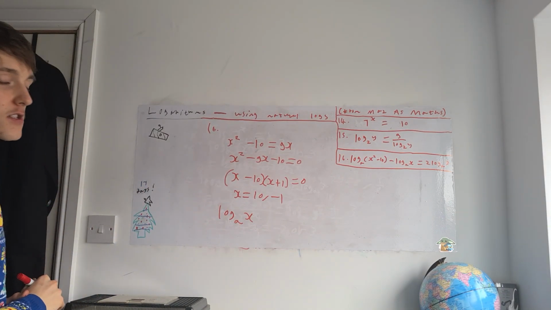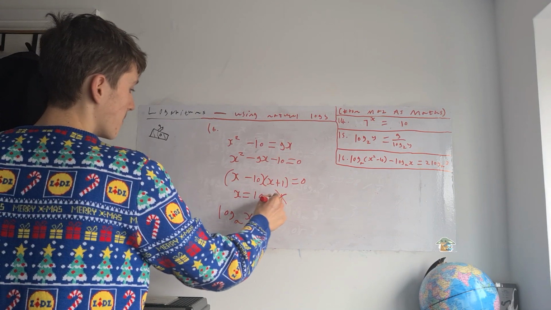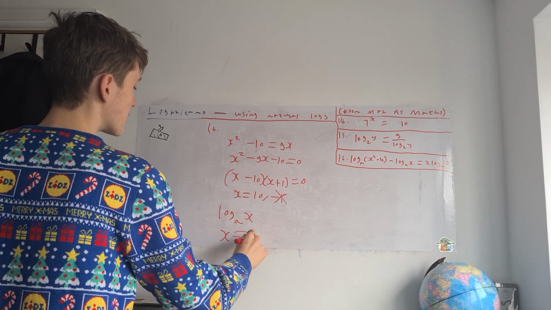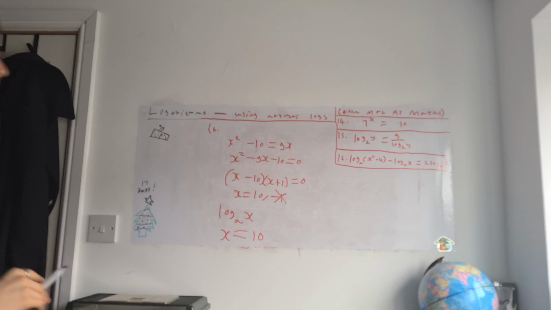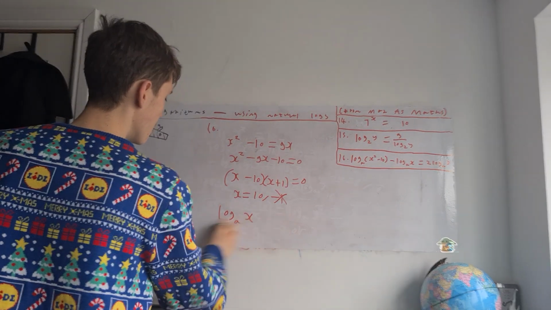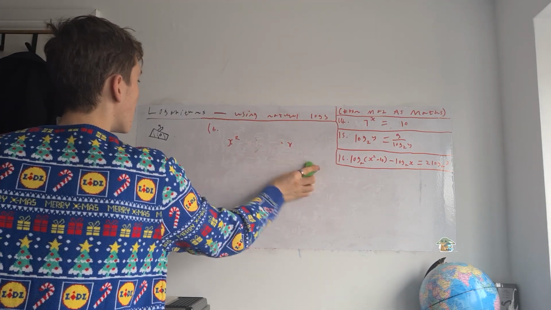It's undefined, it's not allowed. So x actually cannot be minus 1. So in this circumstance, x equals 10. And that's our solution. So I'll write out the solutions real quick, just so you can get a little summary.